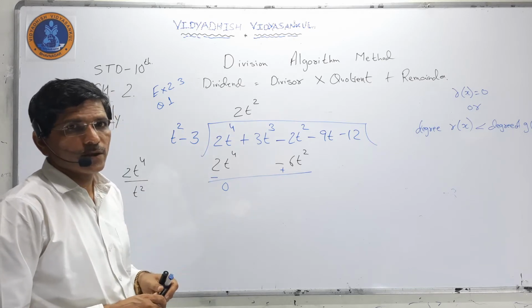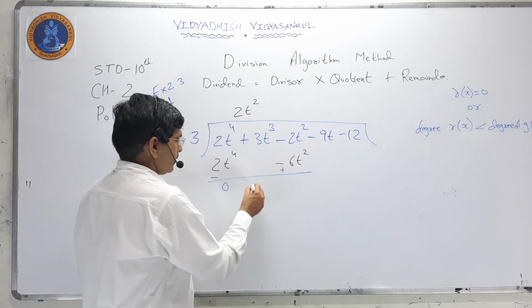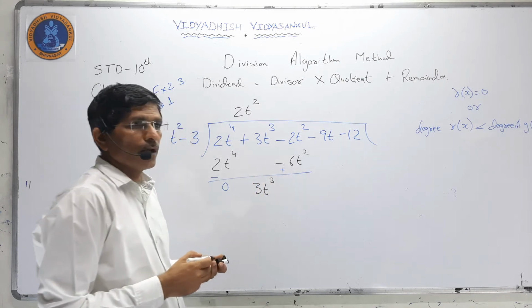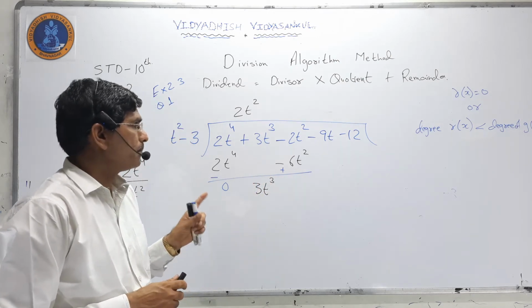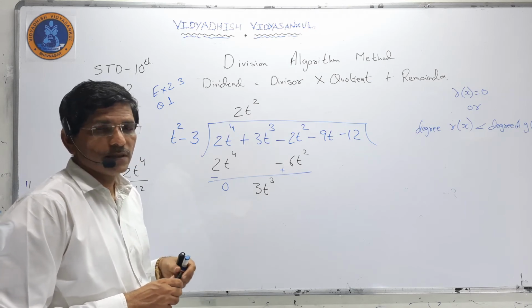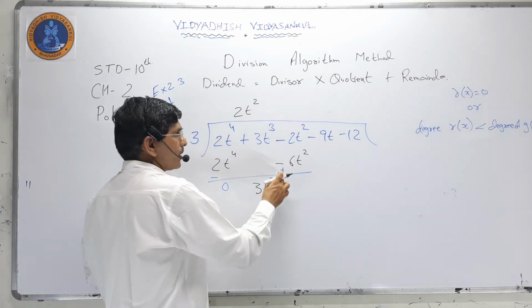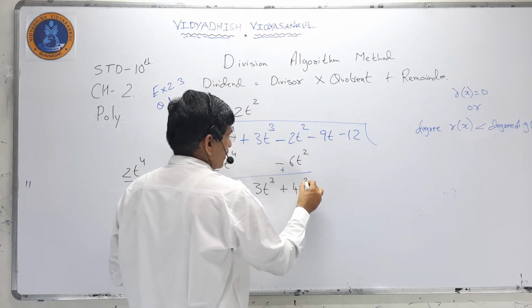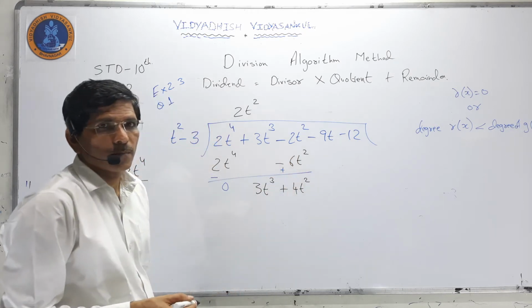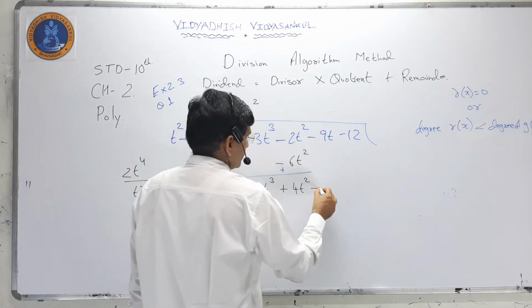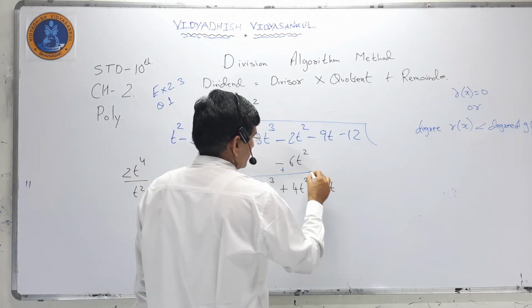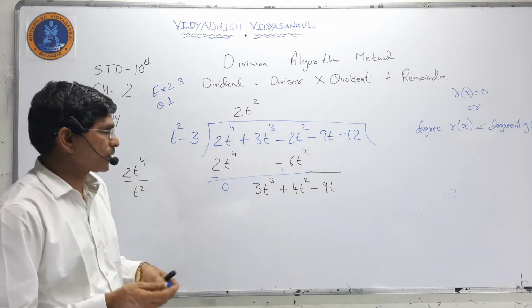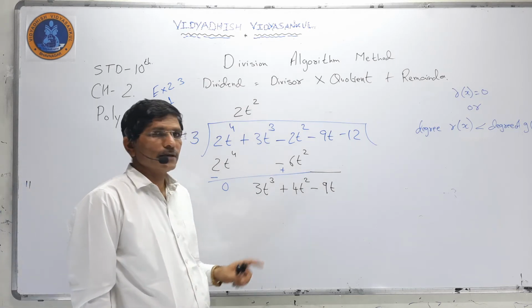3t cube. Plus 6 minus 2, that is plus 4t square. Minus 9t. I have to write 3t cube plus 4t square minus 9t.